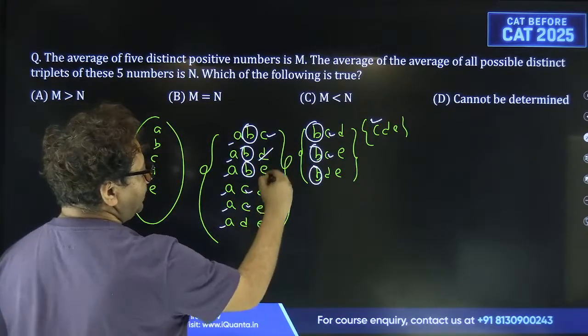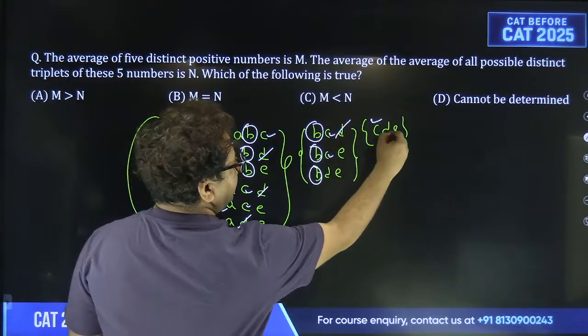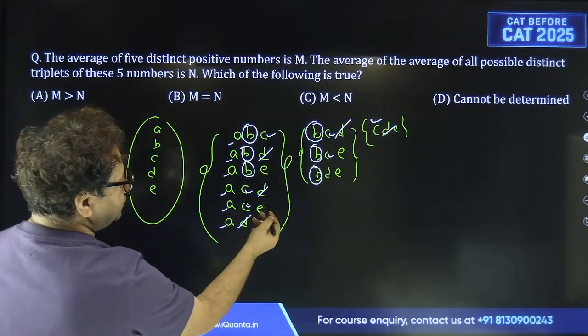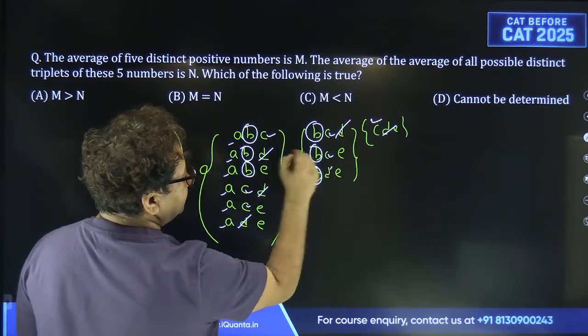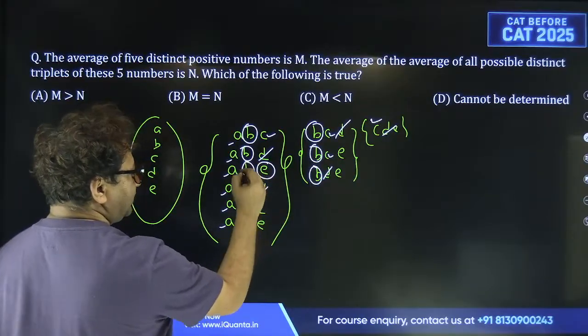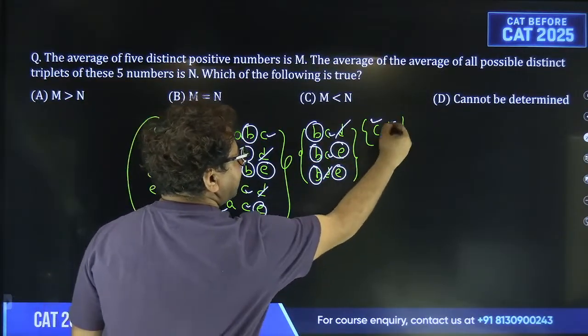D, 1 2 3 4 5 and one more place. Which one was that? 1 2 3, this 6. E also came 6 times. Let's see 1 2 3 4 5 and 6.